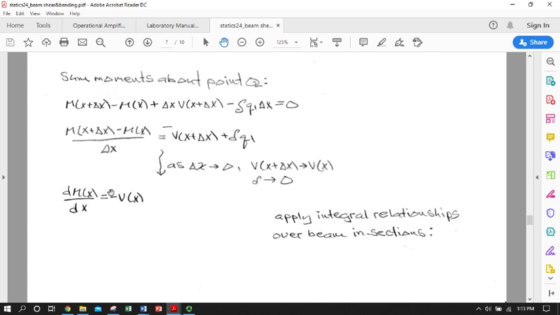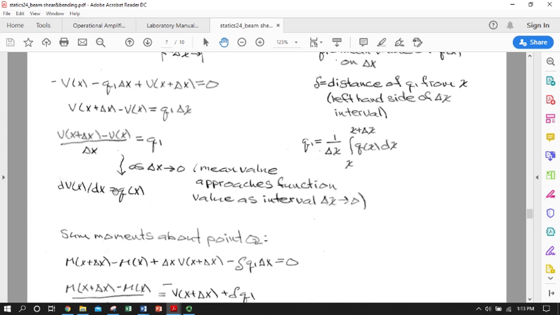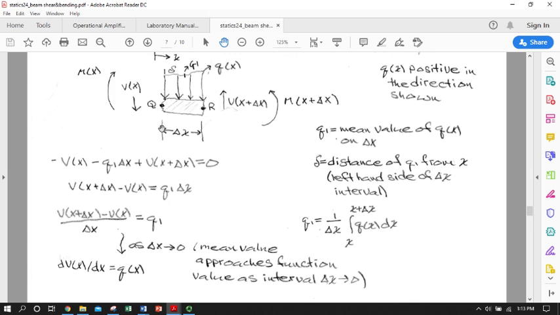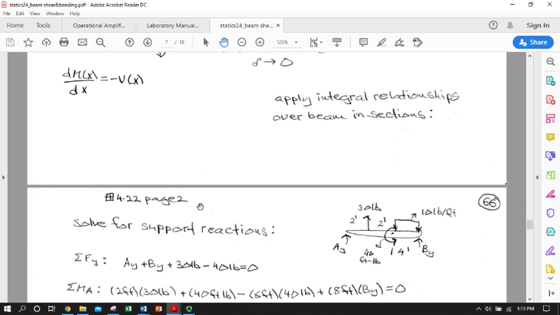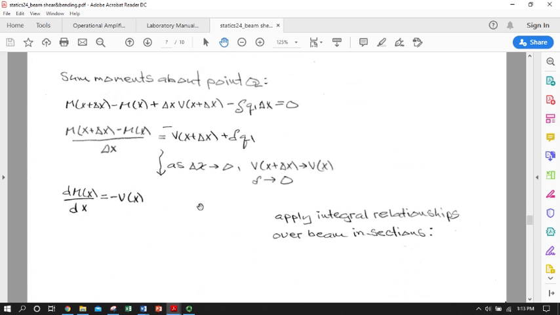So we're left with our first derivative of the moment with respect to x equaling negative shear force. And so notice we still got the negative sign even though we took the moments about the other face using our sign conventions.